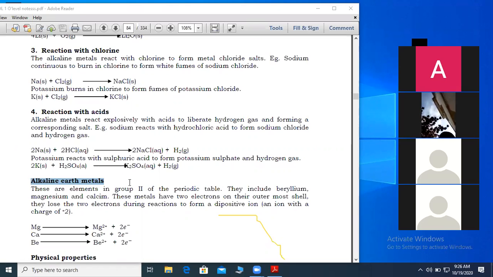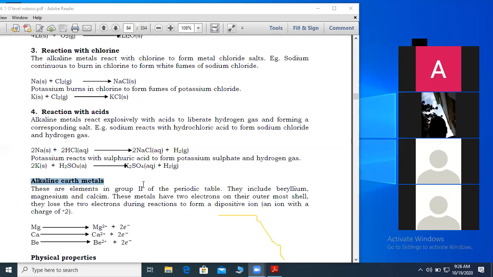So these are elements in group 2 of the periodic table, which means they have 2 electrons in the outermost energy level or shell.